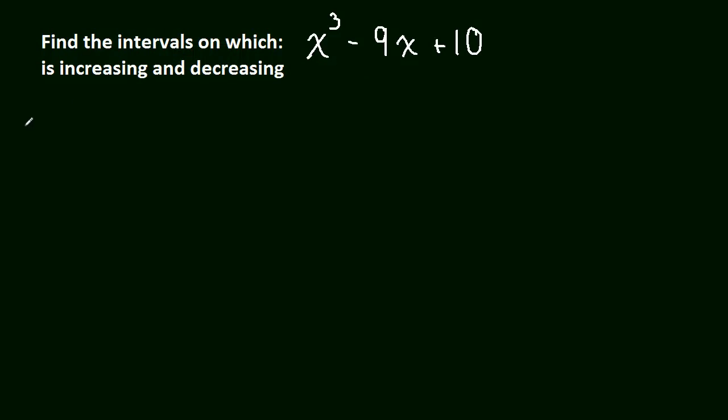Well, first of all, let's take the derivative, because we know that the derivative is going to help us find the slope of the function, and we can use that. So taking the derivative, 3x squared minus 9x. Oh, I should have thought ahead. I didn't want to do 9.